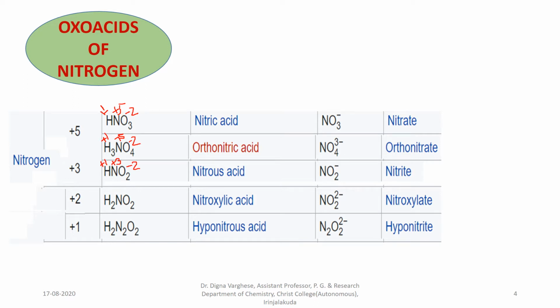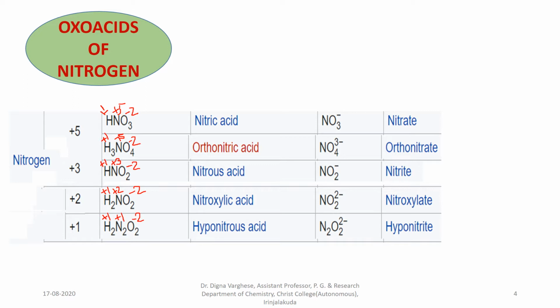Nitroxylic acid, the formula is H2NO2, minus 2 with oxygen, plus 1 with the hydrogen, therefore plus 2 is the oxidation state of nitrogen. And hyponitrous acid, the molecular formula is H2N2O2, minus 2 is the oxidation state of oxygen, plus 1 is the oxidation state of hydrogen, and therefore nitrogen with plus 1 oxidation state.